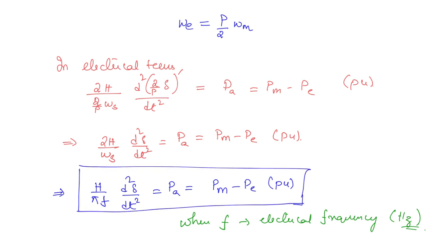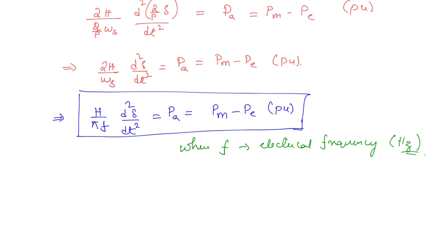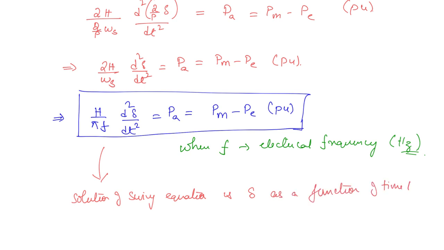swing equation. Now if you solve this equation, then what you are going to get? You are going to get delta in terms of the time. Solution of swing equation is delta as a function of time t.